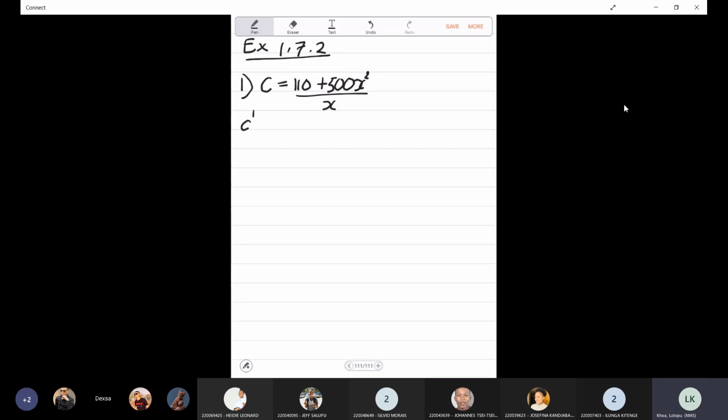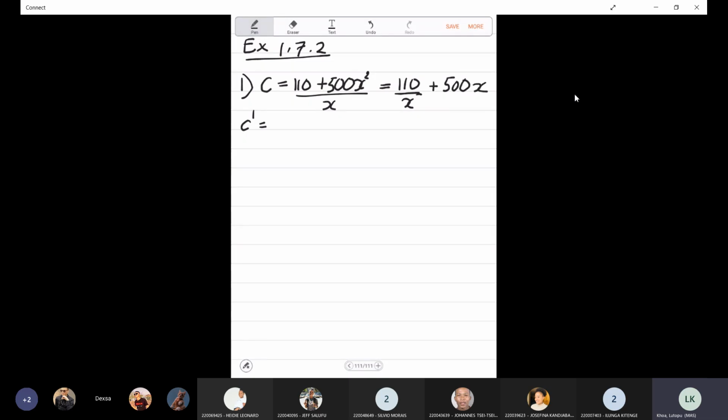So we need C prime. Here, first of all, we can rewrite this as 110 over x plus 500x.